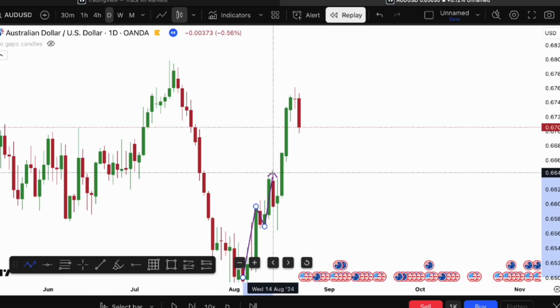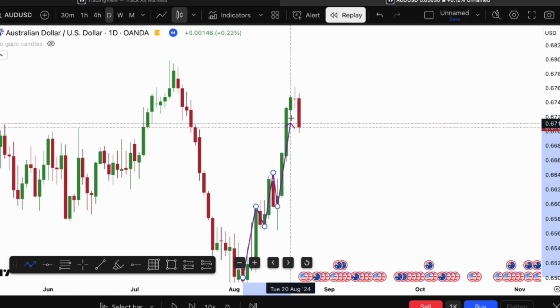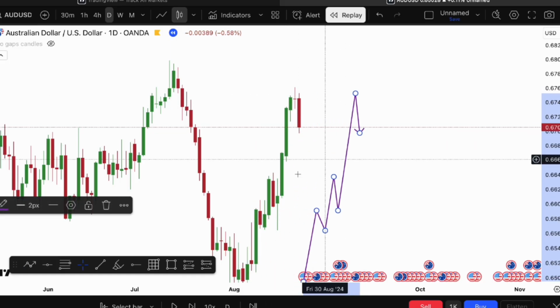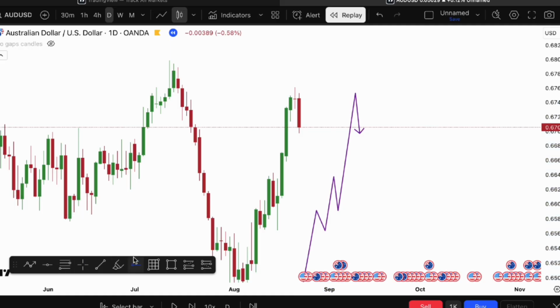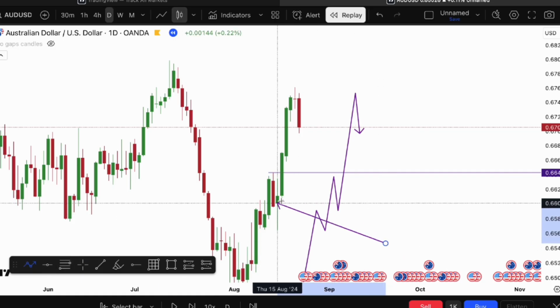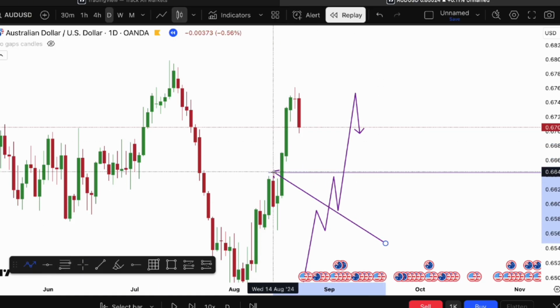This is now the highest point of the previous structure, creating a higher low, higher high, retracement. So as price closed above the highest point of the previous structure, yes, you can clearly see this impulse has broken and closed above the highest point of the previous structure.